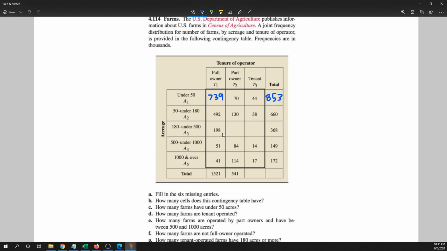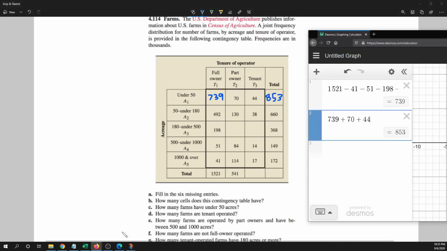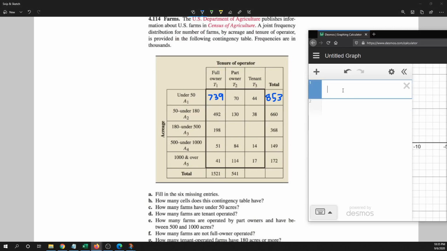All right, and now we can figure out what this is going to be by taking 541, the total of this column, and subtracting off all of the other numbers in that column. So 541 minus 114 minus 84 minus 130 minus 70. So 143.